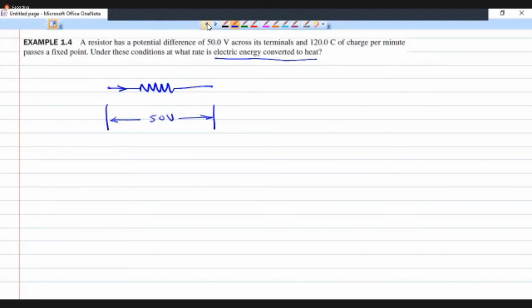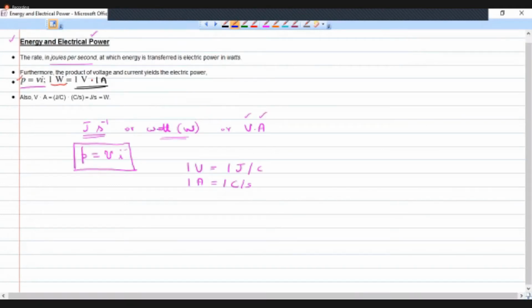So here we have written previously what is the heat that is generated. So we can express it in joules per second. So we know how much coulomb is flowing per minute and what is the potential difference in joules per coulomb, right?